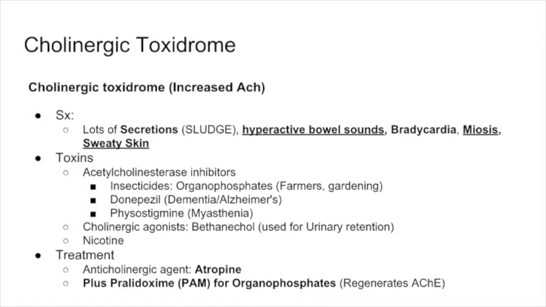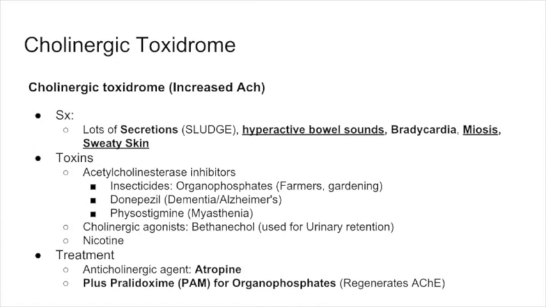So you have miosis, and you have sweaty skin because you have lots of secretions. What I want you to remember of the cholinergic toxidrome is three things: the sweaty skin, the miosis, and the secretions. The toxins that are possible for the cholinergic toxidrome, there are kind of three different things.